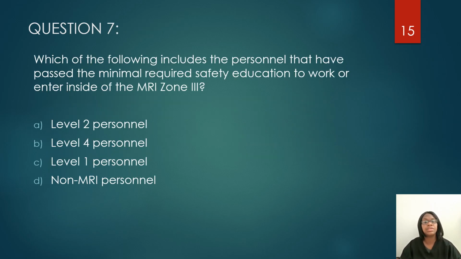Which of the following includes the personnel that have passed the minimum required safety education to work or enter inside of the MRI Zone 3? Level 2 personnel, Level 4 personnel, Level 1 personnel, non-MRI personnel.